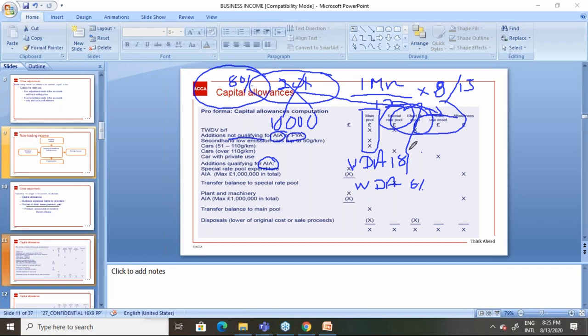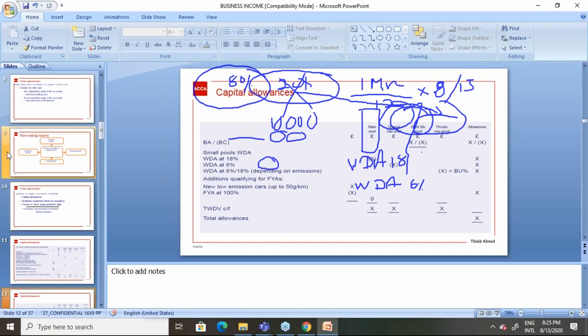At that point, you can claim either the balancing allowance or balancing charge. On private use assets, you calculate the capital allowance in the normal way, but from that, only 80% you can claim, only the business use element. Okay, so it's an important computation that you need to go through.